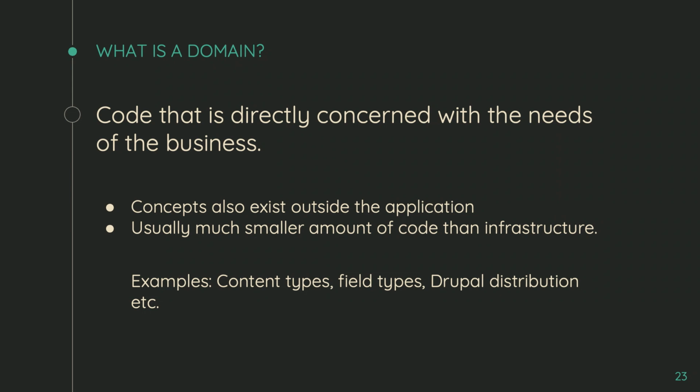So for example, let's say I run a bookstore. What kind of concepts exist in a bookstore? Well, you have inventory, you have payroll, you have employees, you have hours. All of these exist outside the application, but you can represent them in your application as well by creating some kind of management application for the bookstore owners, for example.